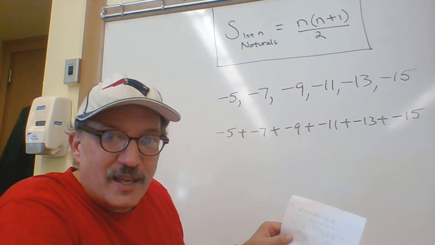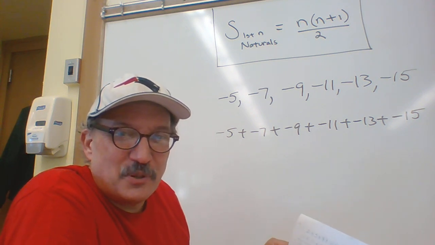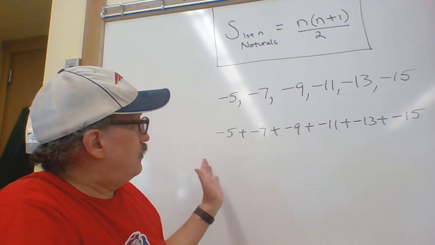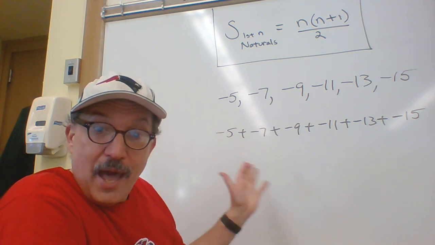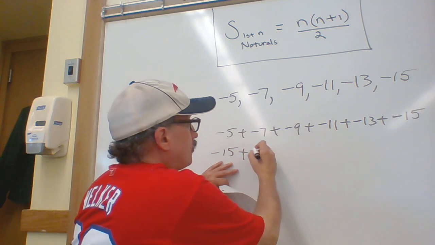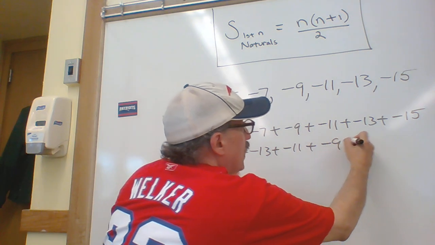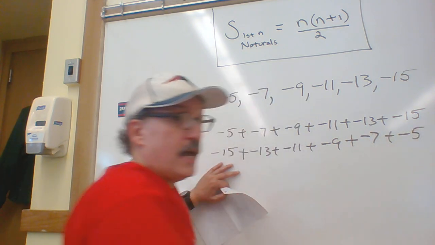Once again, just like young Carl sitting in his classroom centuries ago, instead of just grinding this out, let's write a copy of it backwards. -15 plus -13 plus -11 plus -9 plus -7 plus -5.